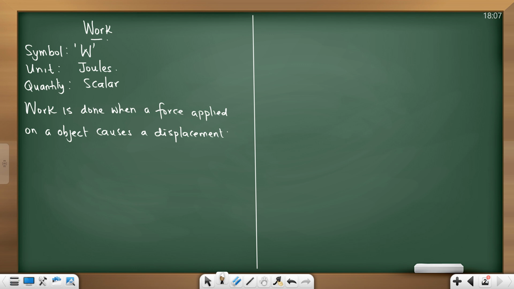That means if I am pushing a wall and the wall is not moving, I'm not doing work because my displacement will be 0. So what is the formula?